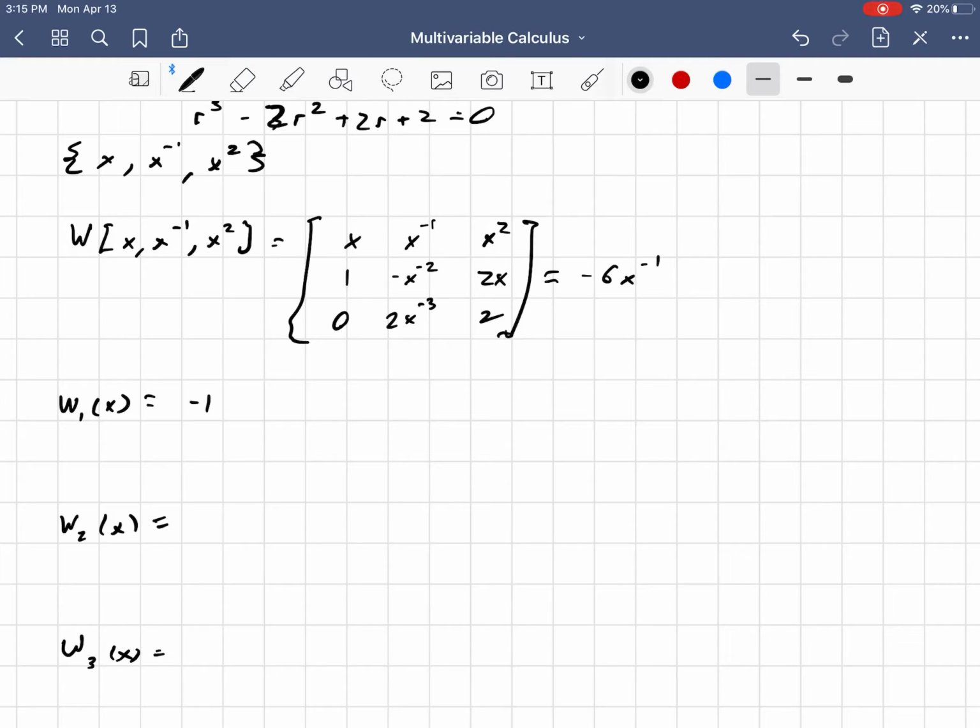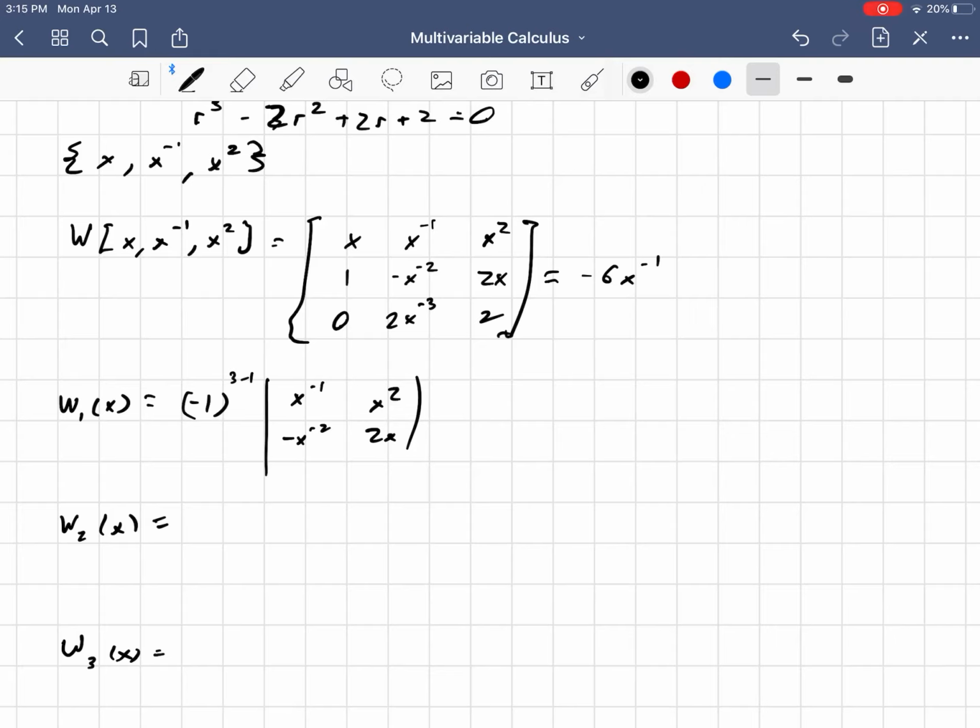For w sub 1 of x, we do a cofactor expansion along the first column. So we have negative 1 to the 3 minus 1 times, now we only are considering the x to the negative 1 and the x squared. So we have x to the negative 1, negative x to the negative 2, x squared, and 2x.